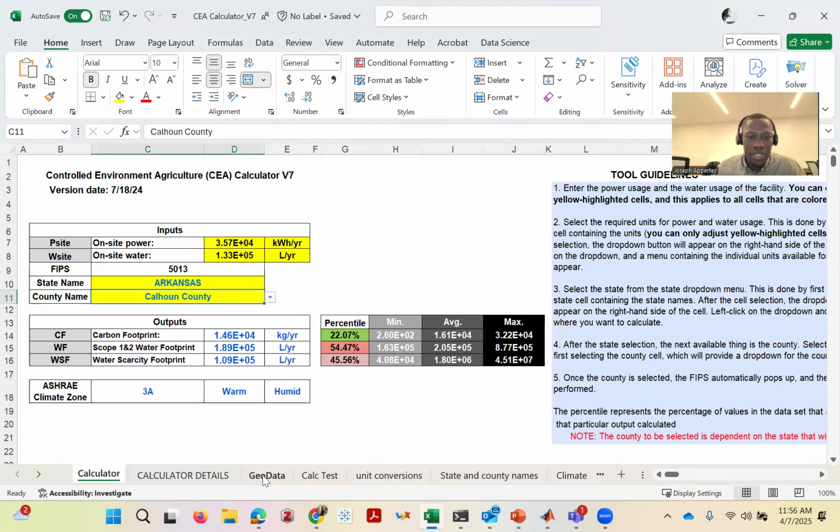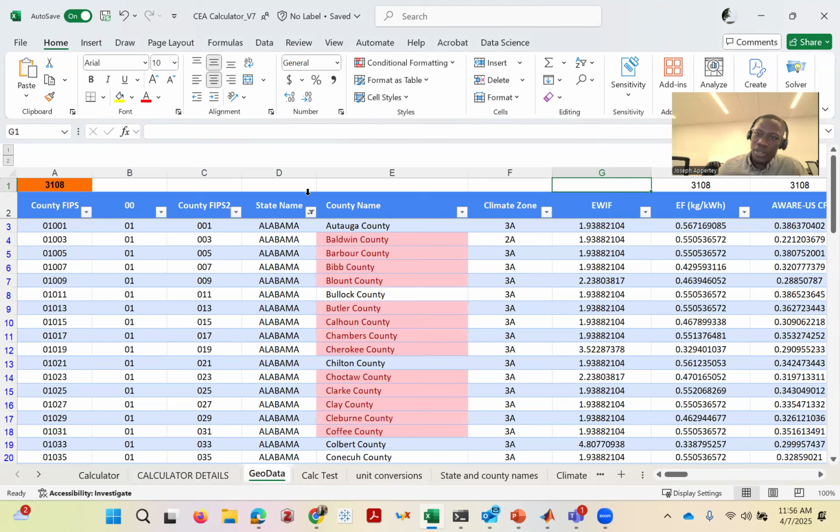Based on the FIPS code, the various environmental metrics such as the EW, IF, the SWI, and the emission factors pop up to help calculate the various footprints. The FIPS code is a unique number for each county, so based on that, we are able to find the emission factors and the various other environmental metrics to aid in the calculation.